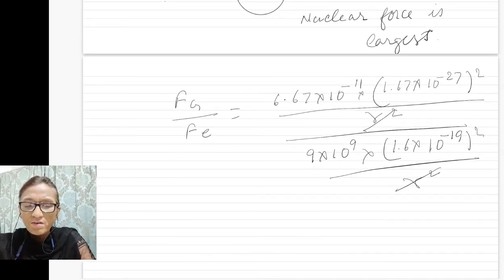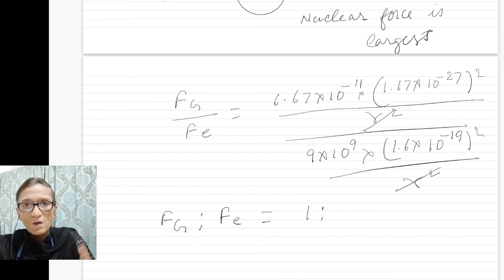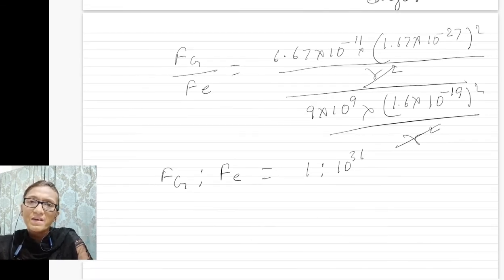On simplification you will find the ratio of force of gravitation to electric force comes equal to 1:10 to the power 36. Here you find that the electric force is very large.